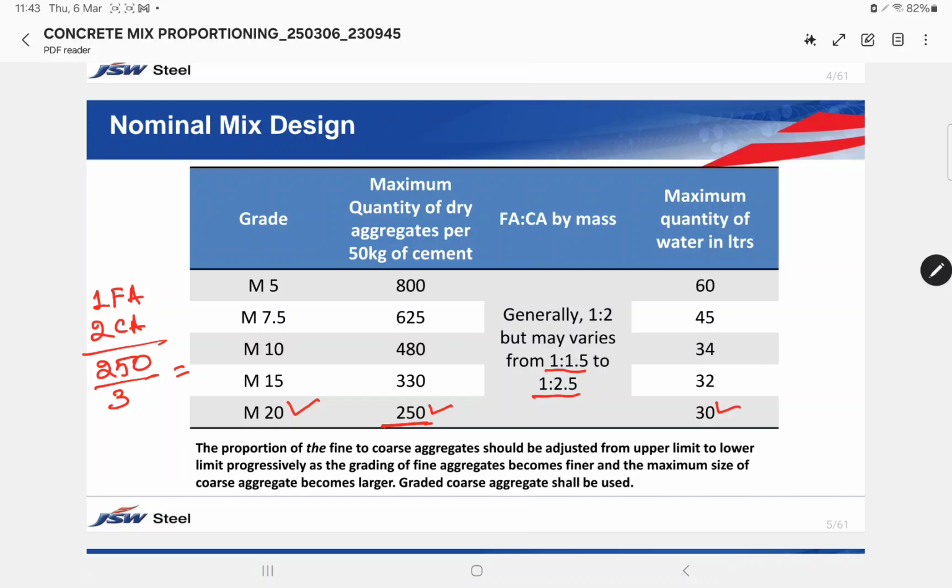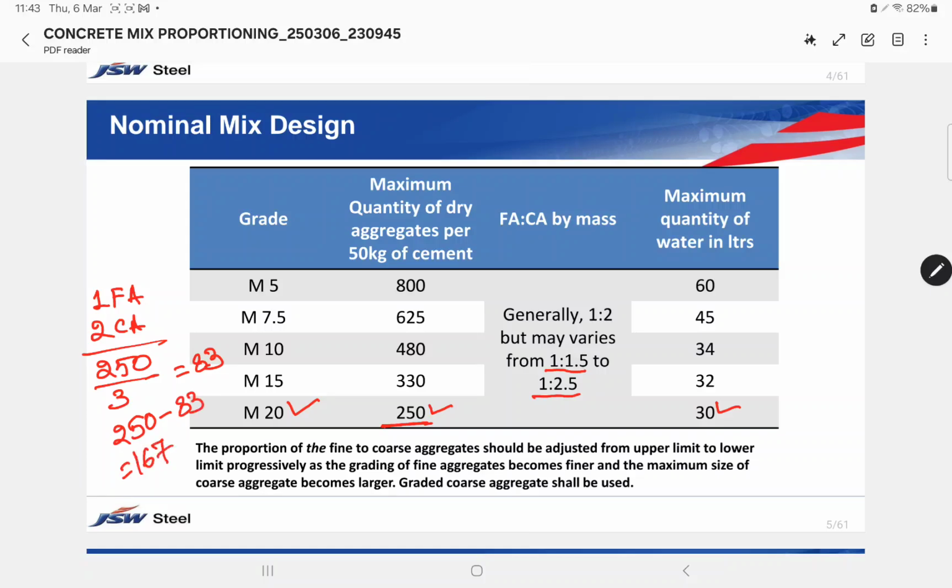250 divided by 3 is 83.3, let it be 83. And so the remaining amount is coarse aggregate. So 250 minus 83 is equal to 167.